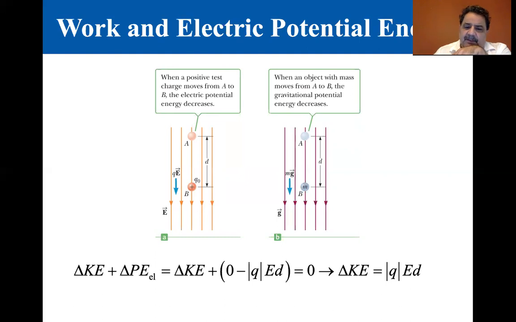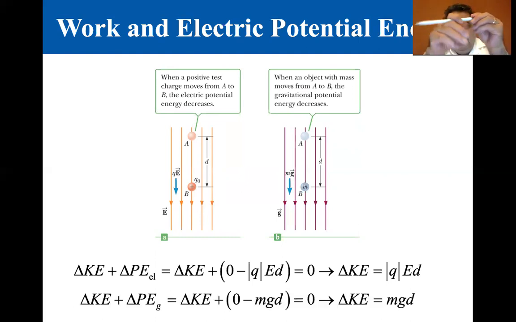Now we compare that to the gravitational case. We have the change in kinetic energy plus the change in gravitational potential energy equals the change in kinetic energy plus 0 minus mgd. You may remember it as mgh, the potential energy. So that equals 0, so the change in kinetic energy equals mgd, the potential energy that it had.